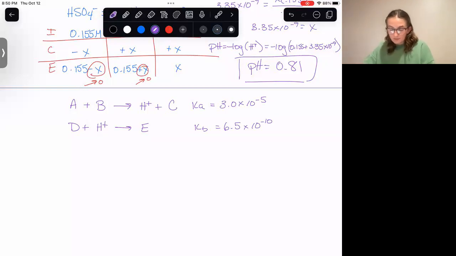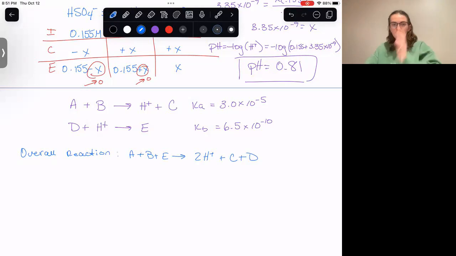Okay. If we're looking for the overall reaction of A plus B plus E goes to, I guess, we'll just call it 2H plus C plus D. All right, if we're looking for this overall reaction, what would we need to do in order to flip or manipulate your equations to get to that final overall reaction?